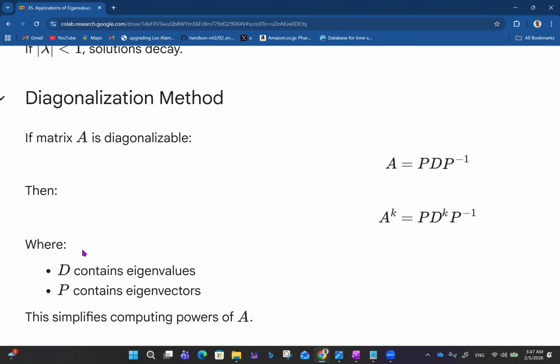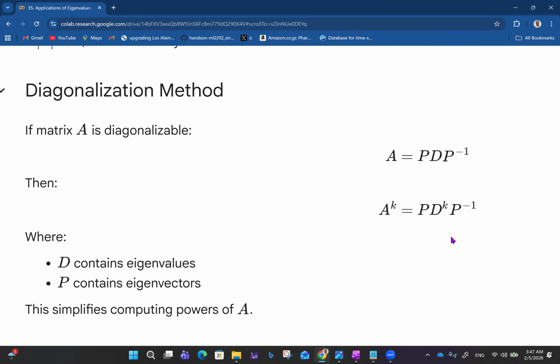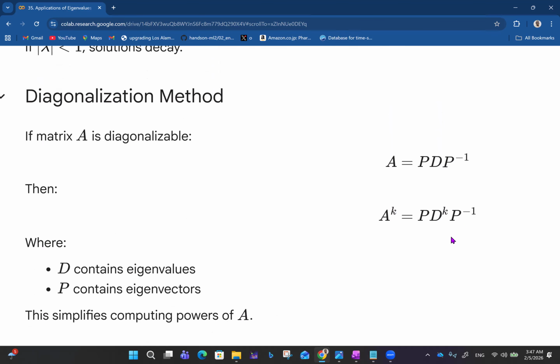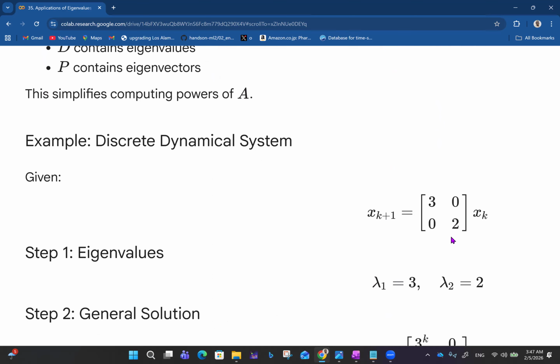D is a diagonal matrix which contains the eigenvalues, while P contains the eigenvectors. So this simplifies computing powers of it. Once you can diagonalize a matrix, computing its powers gets really easy. I demonstrated that in the video about diagonalizing, video 33.